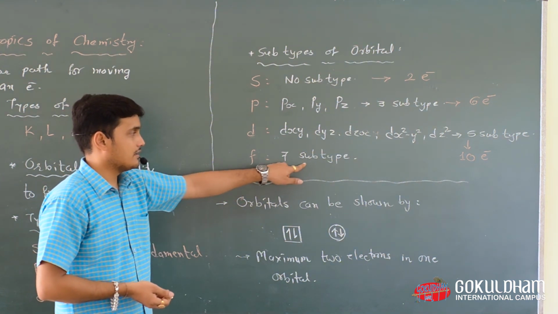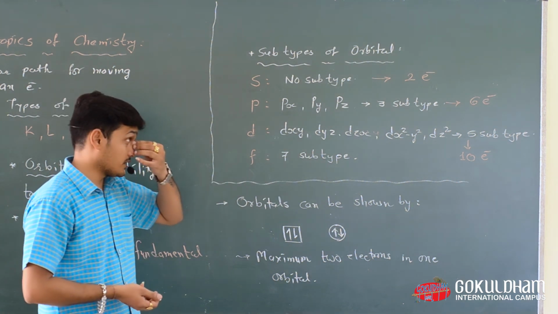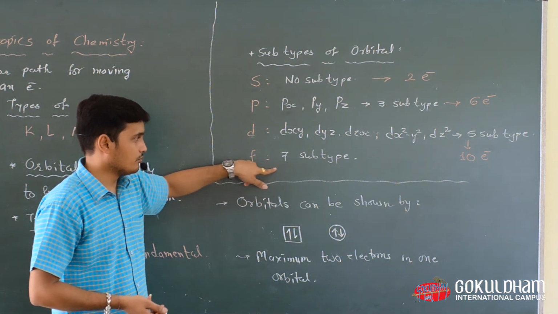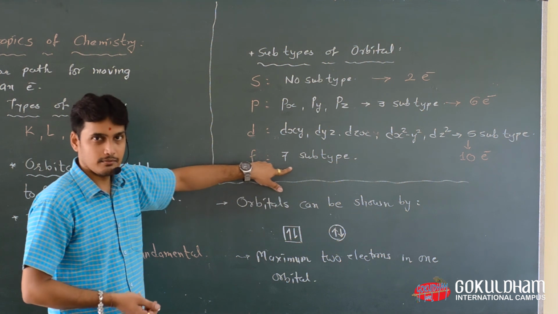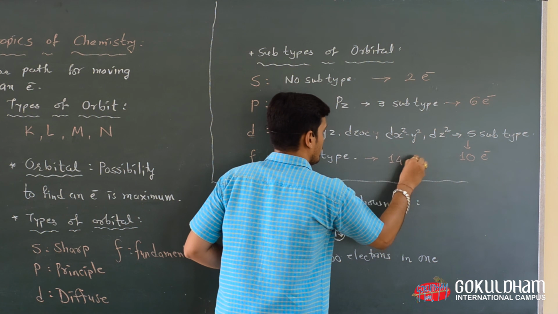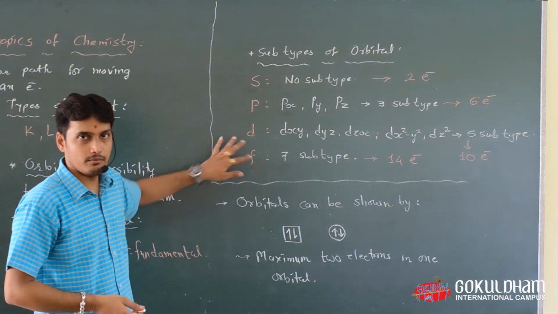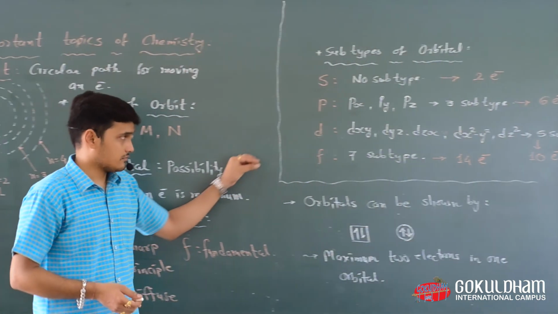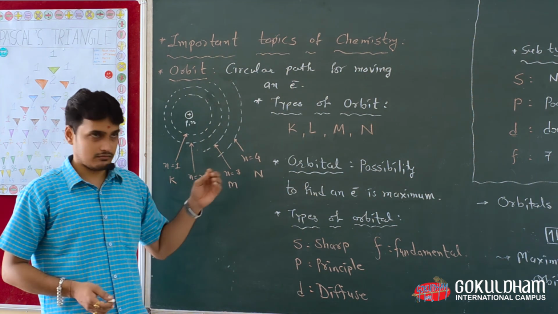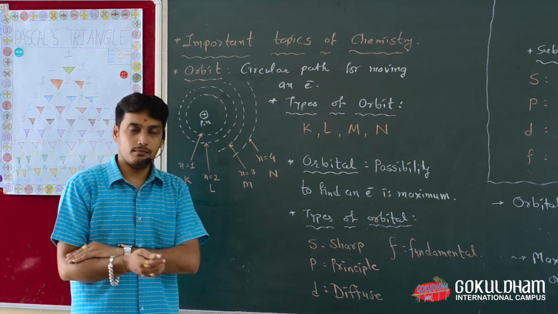F has 7 subtypes, but when you go to further studies in college, at that time you must know about these 7 subtypes. Today just know that 14 electrons can accommodate in f orbital. Okay, write down this also in your notebook. We will discuss another most important topic after this theory. Okay, thank you.